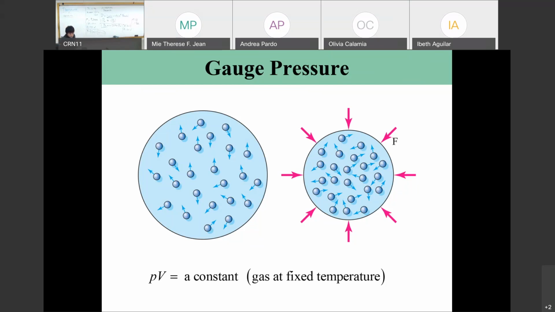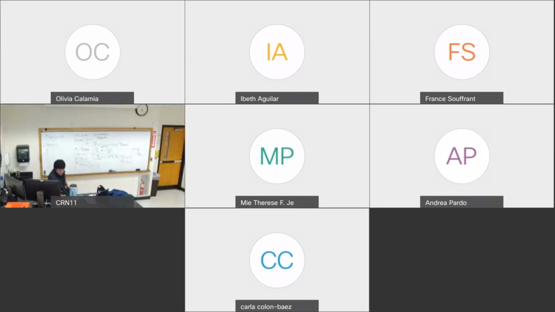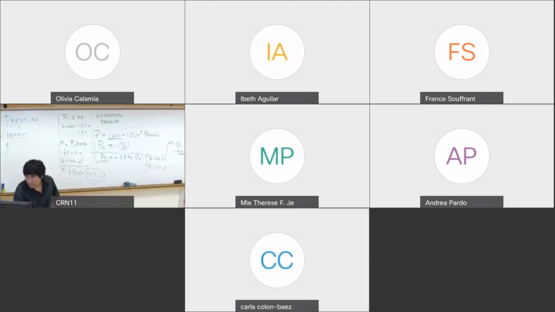Just to finish today, we're going to leave it there on gauge pressure and PV, Boyle's law. But just remember, for the upcoming class, we defined pressure today, but we're also going to define density. The symbol for density is the one you're seeing here. That's called rho. Rho is the symbol for density.